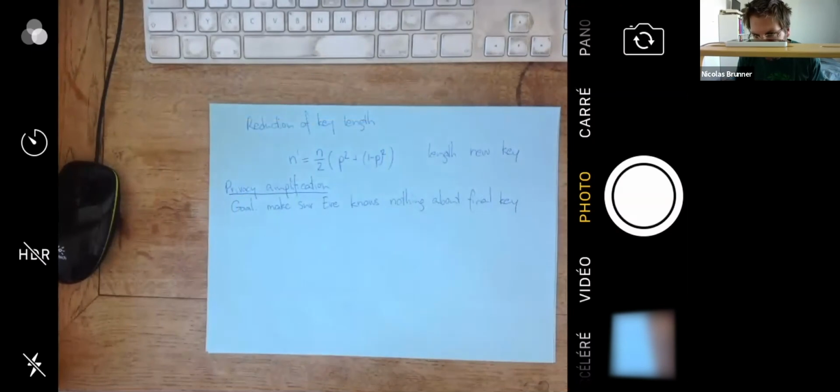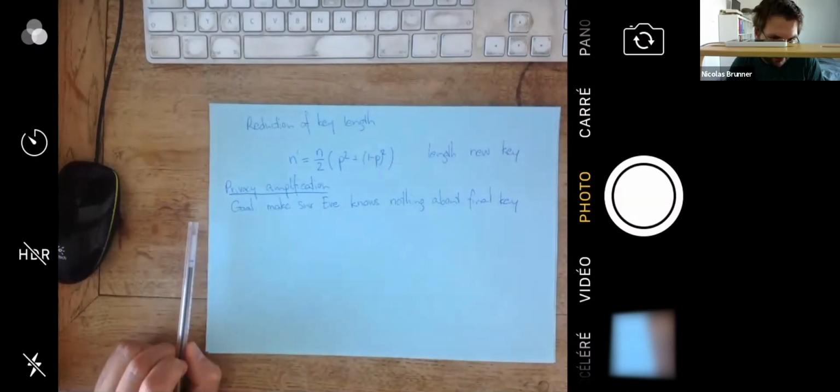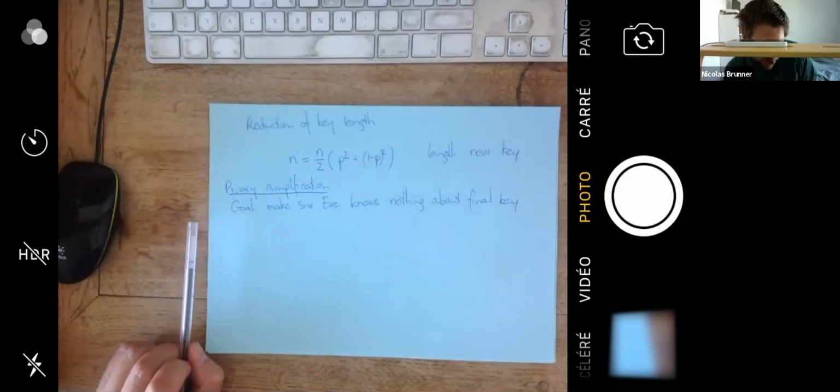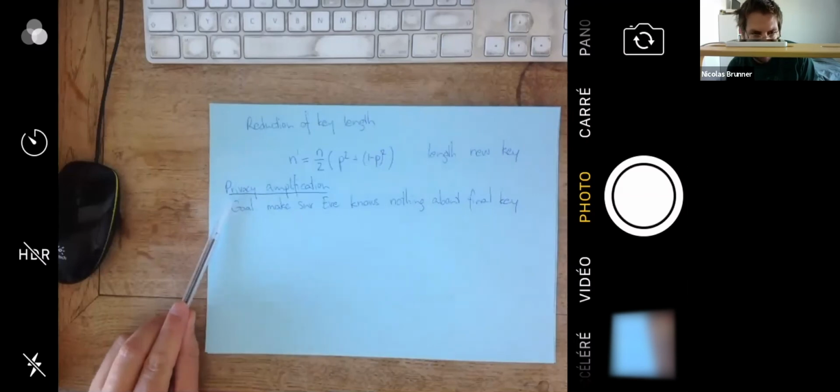But of course, if Eve knew already something about the initial keys, she can follow this error correction and do it on her own version of the key. And so on this key, she may still have some correlations with the key of Alice and Bob. She may still know something about it. So the last step of privacy amplification is to make sure that in the end, Eve really knows nothing.